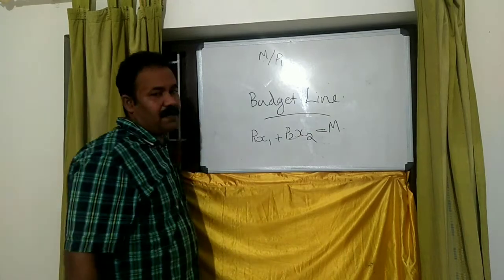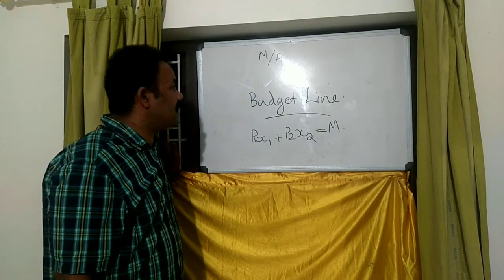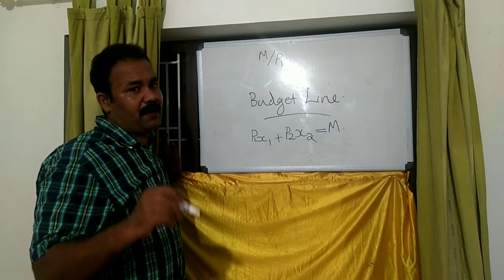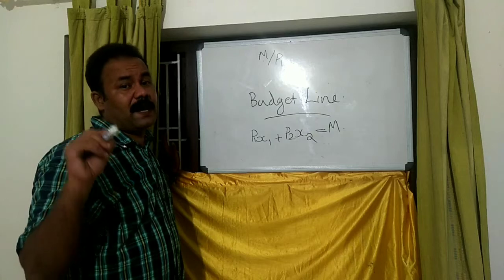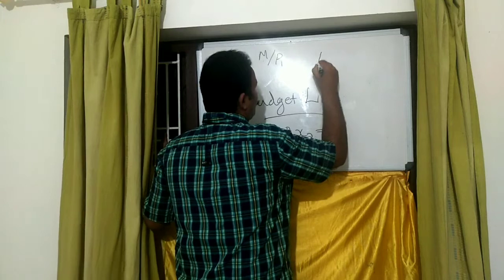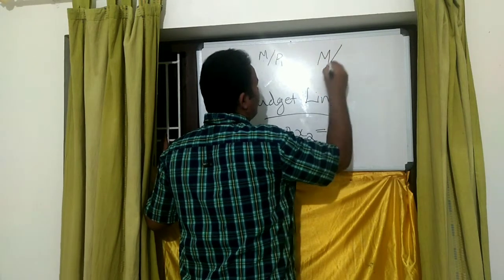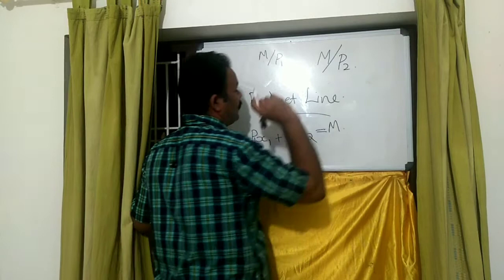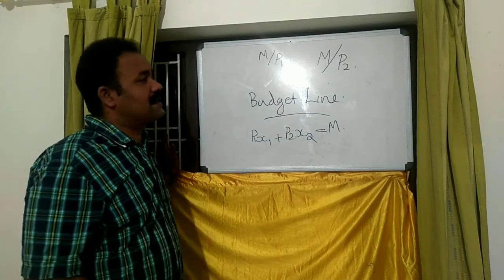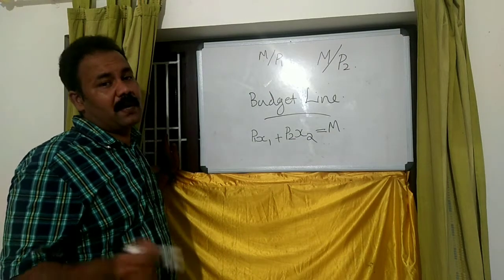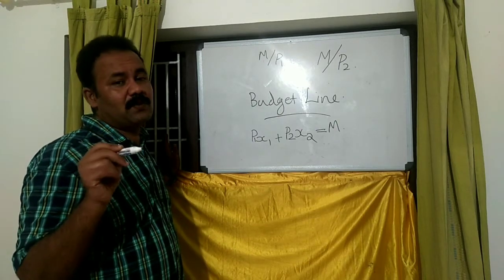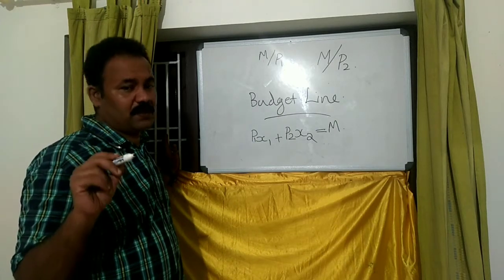What is M here? Income of the consumer or budget of the consumer. P1 means price of the first commodity. M by P1 is the horizontal intercept. At the same time, M by P2 is the vertical intercept, the point on the y-axis. M means budget or income of the consumer, and P2 is the price of the second commodity.